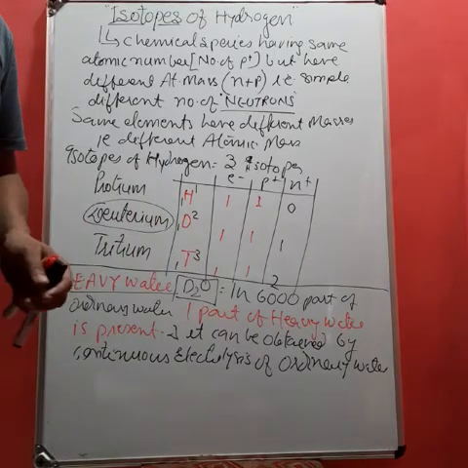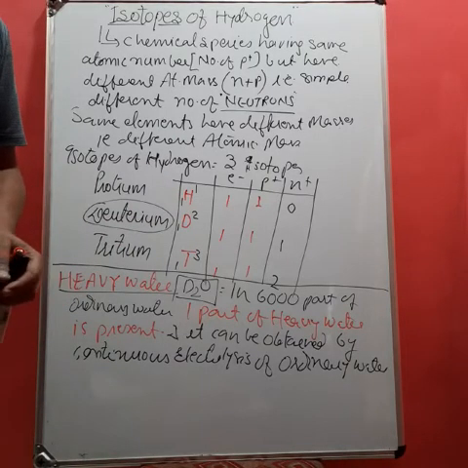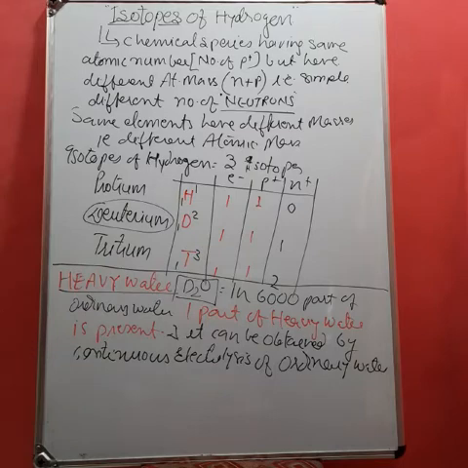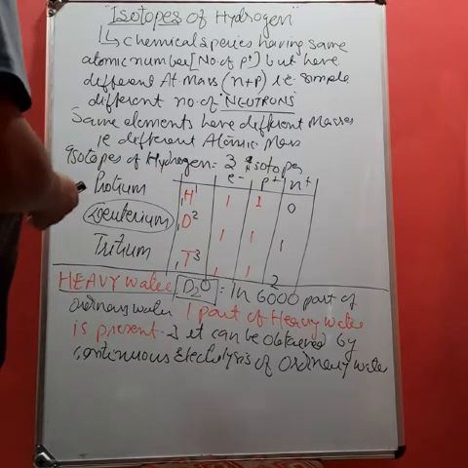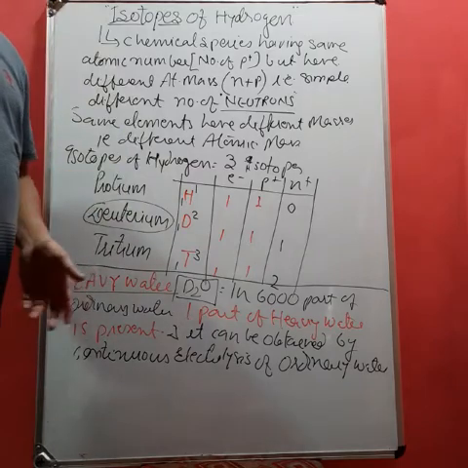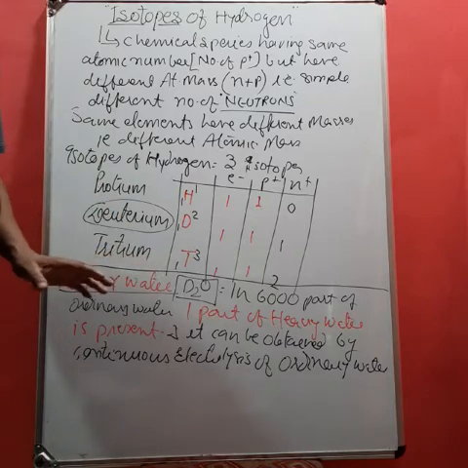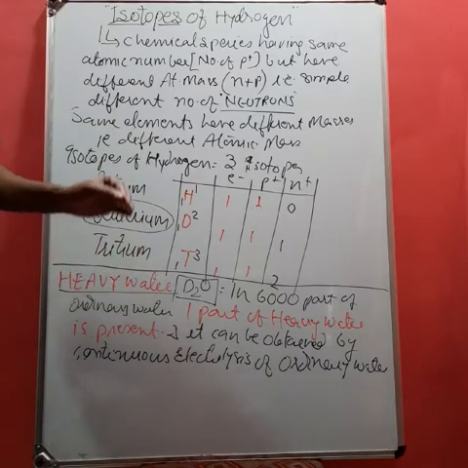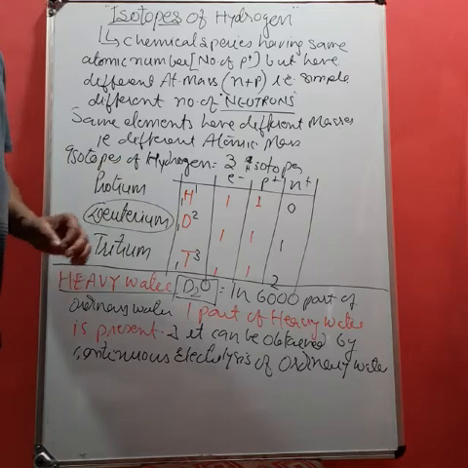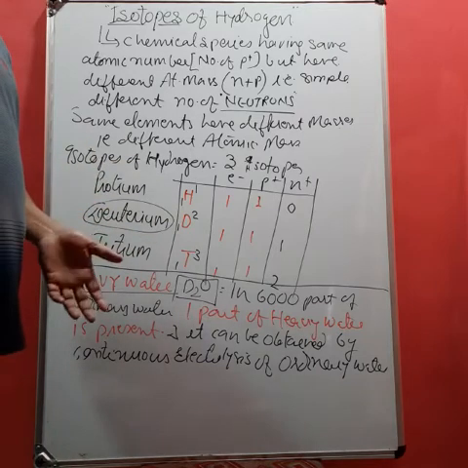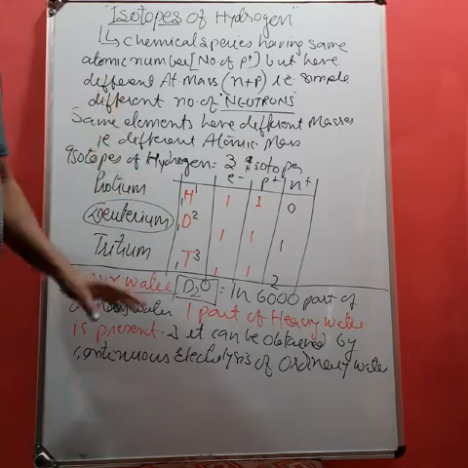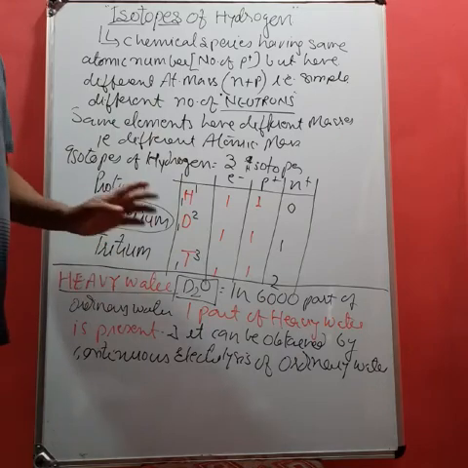Now in the next class we will deal with the S block elements. The rest of the part, like hydrogen peroxide, is again removed. The preparation of hydrogen gas and the properties of hydrogen gas are also deleted from the CBSE in this session.